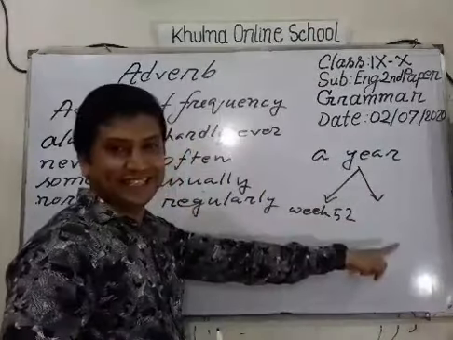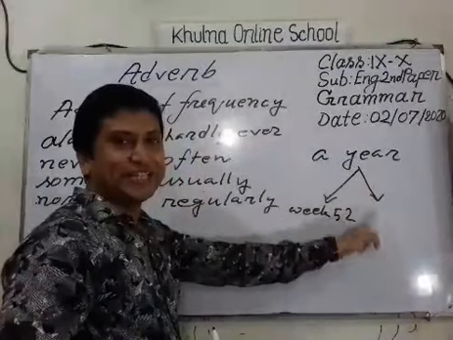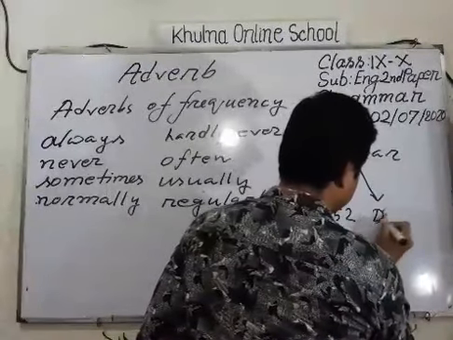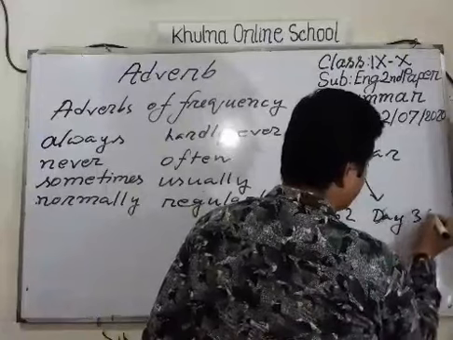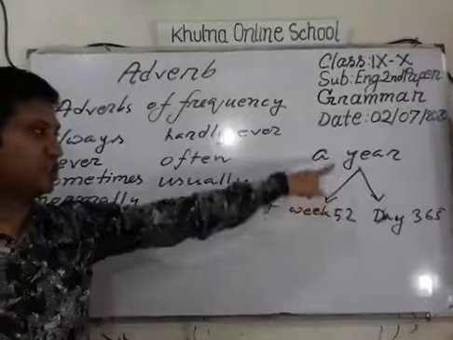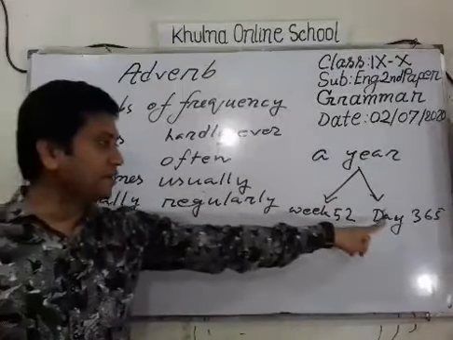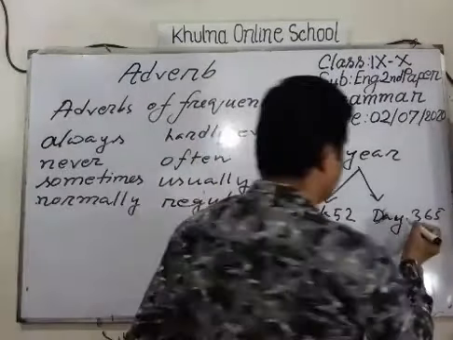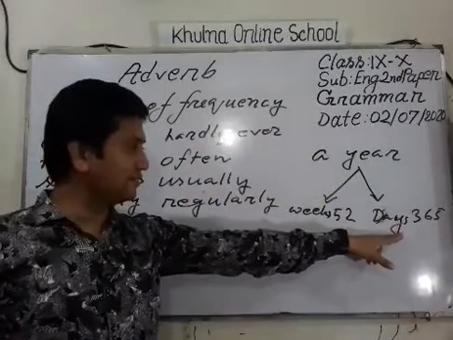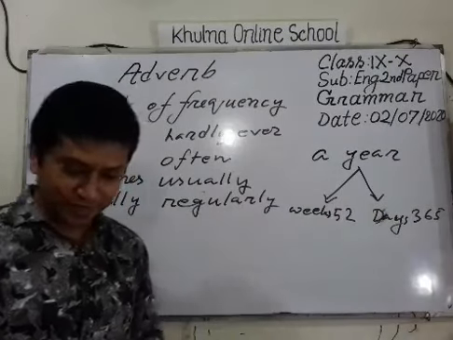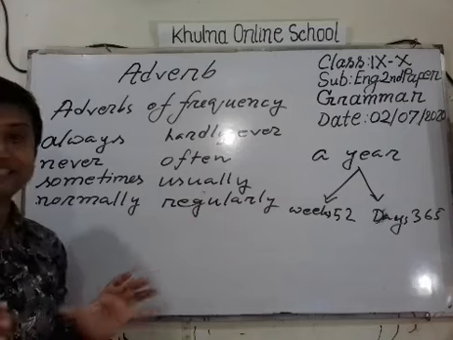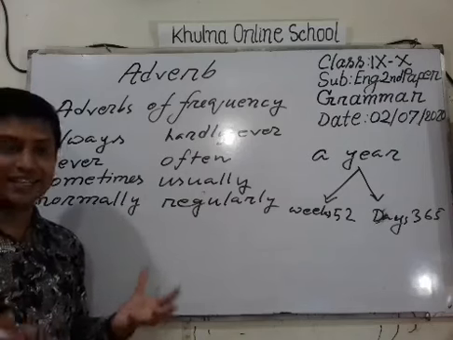How many days in a year? 365 or 366 days. 52 weeks in a year and 365 days in a year. Got the point? Now let's talk about David's activities in a year.